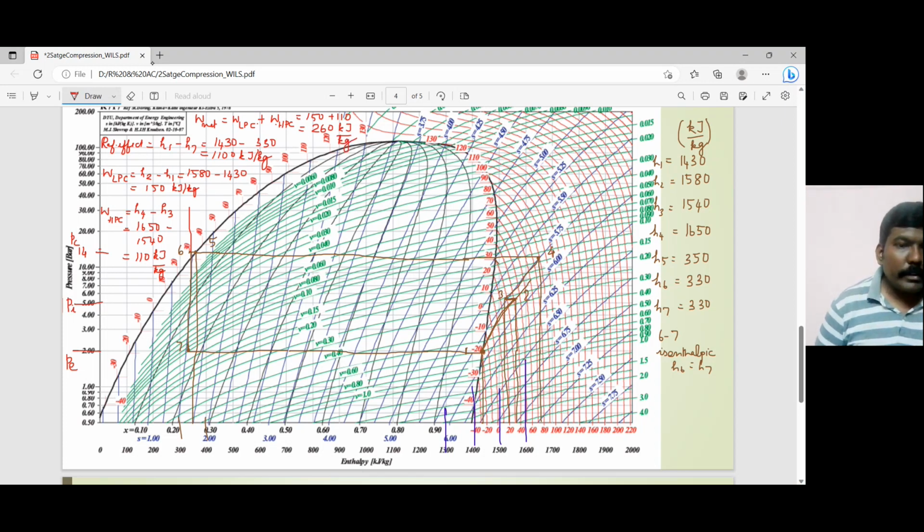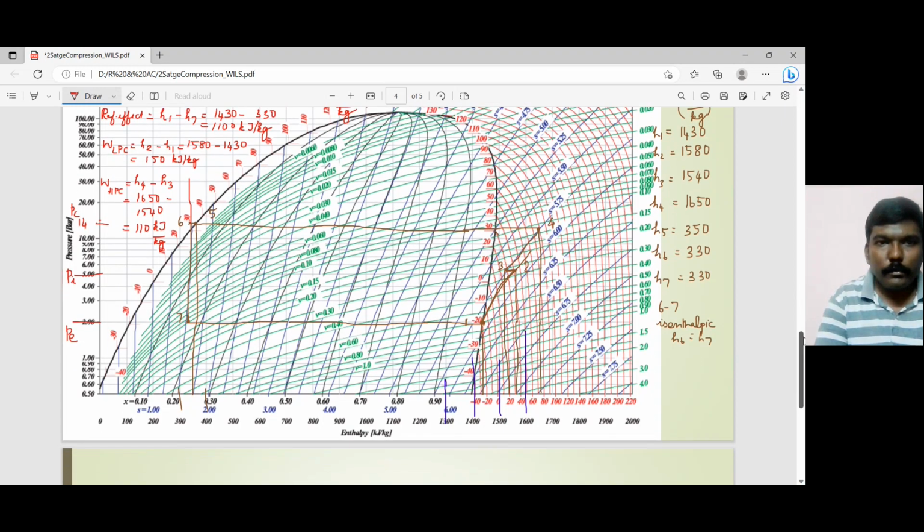Okay, so now if you look at COP, I'm sorry that we don't have any space over here. So let me roll it a little bit down. Say COP is refrigeration effect divided by work input. So refrigeration effect is 1100 divided by 260.